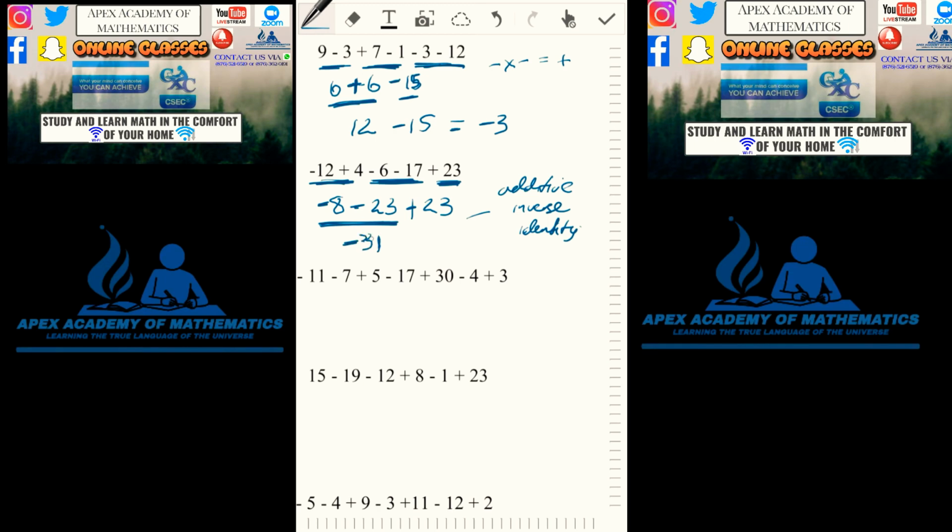Minus 31, plus 23. You can see here that I owe 31 and I have 23, so I'm still going to owe 8. So I got the same answer for my end result. Whatever way you choose to do it is entirely up to you, and it's entirely dependent on how sound your fundamental is.